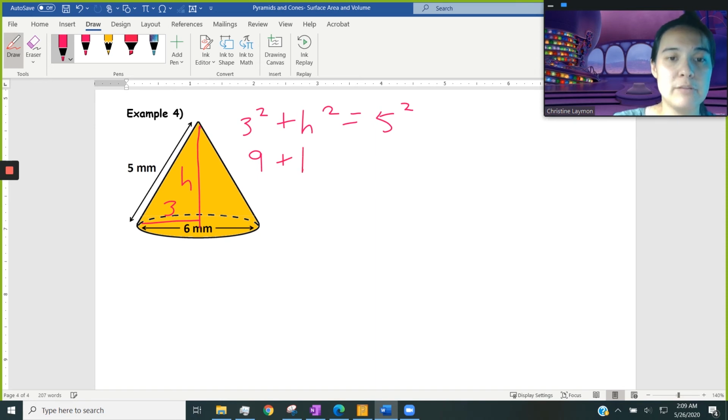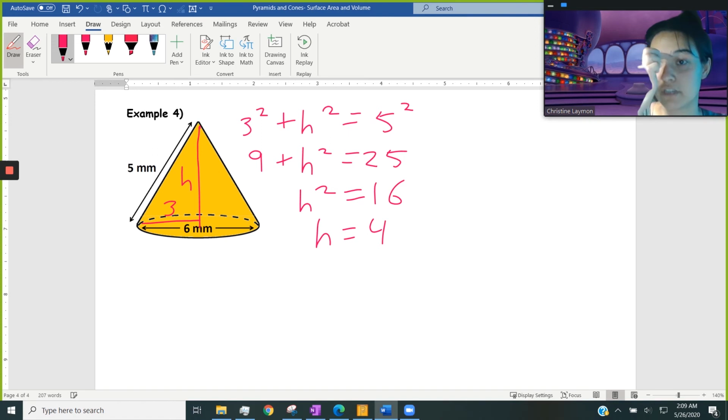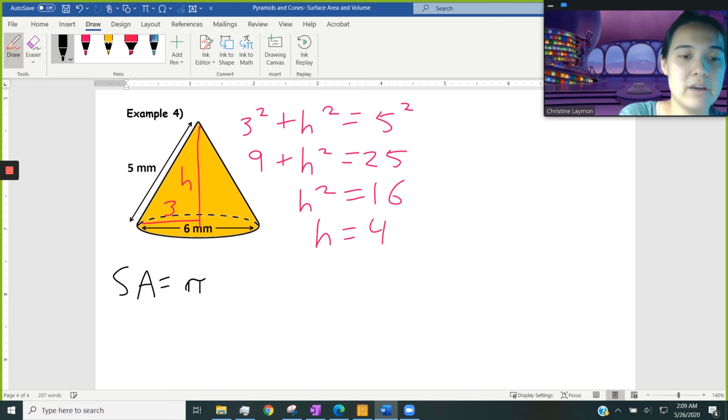We've got 9 plus h squared equals 25. Subtract to get h squared equals 16, and therefore h is 4. Okay, so this value right here is 4. Let's go ahead and plug them on in. So I have surface area of pi r squared.